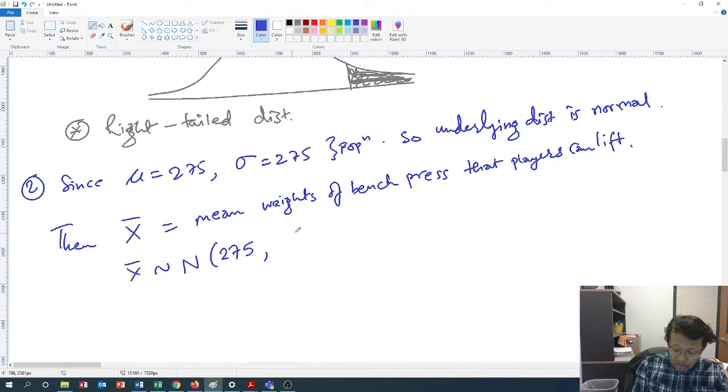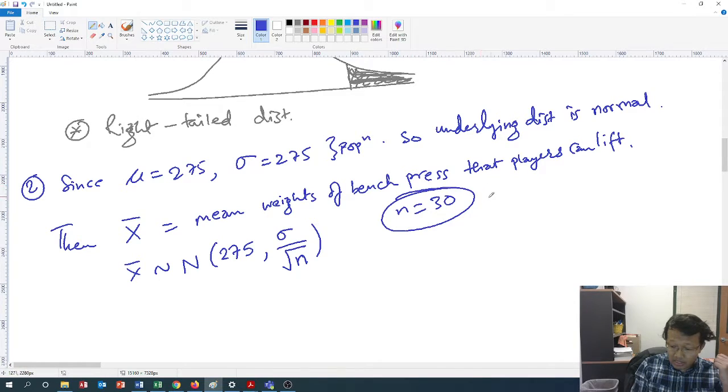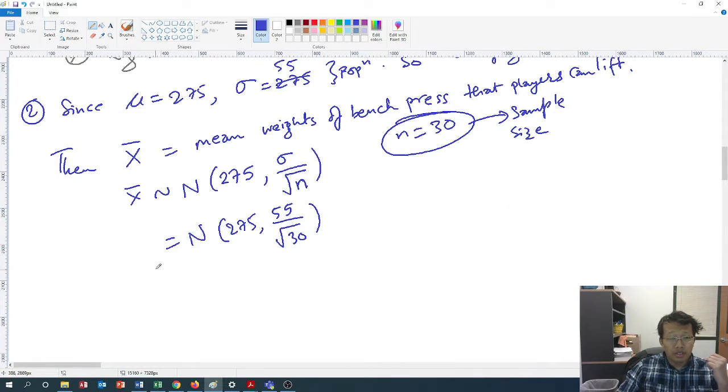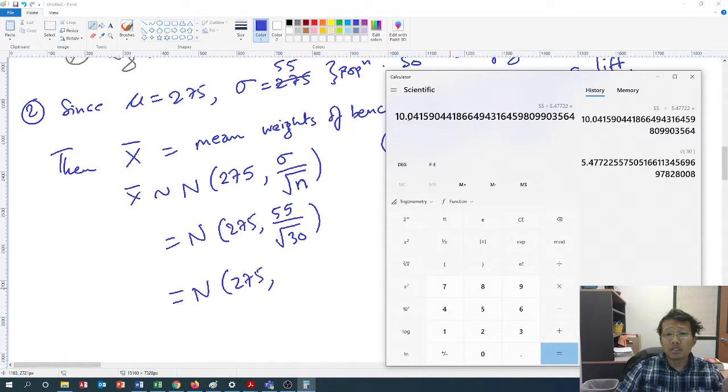We know that the sample size n equals 30, so it is 55 over root 30, which is 10.0416.